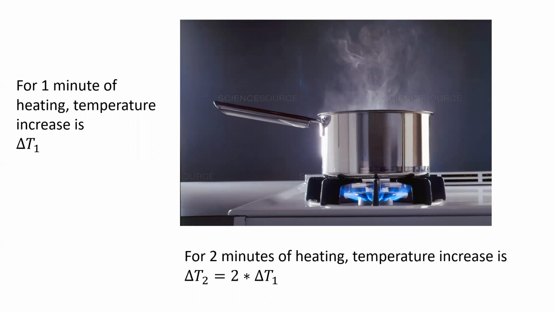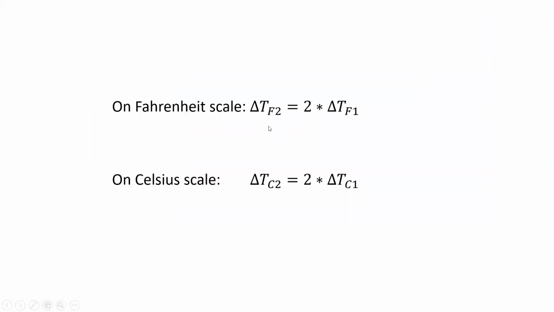Now, you could measure that temperature on a variety of scales. You've probably heard of the Fahrenheit scale, the Celsius scale, and the Kelvin scale, all of which we'll be using in the next 2 chapters. So 1 minute versus 2 minutes, the increase in temperature on the Fahrenheit scale for 2 minutes would be double what the increase in temperature would be on the Fahrenheit scale for 1 minute.